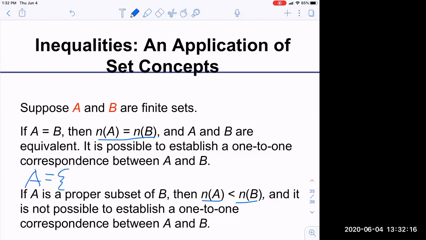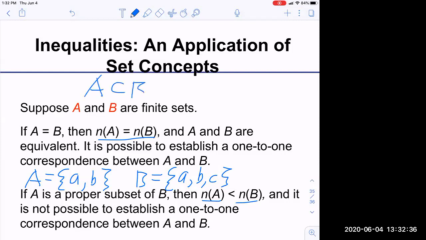So if A is the set A and B, and B is the set A, B, and C, we can see that A is a proper subset of B. And the cardinality of A is 2. Cardinality of B is 3. And so the cardinality of A is less than the cardinality of B.